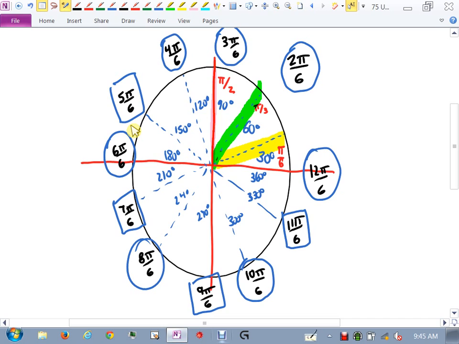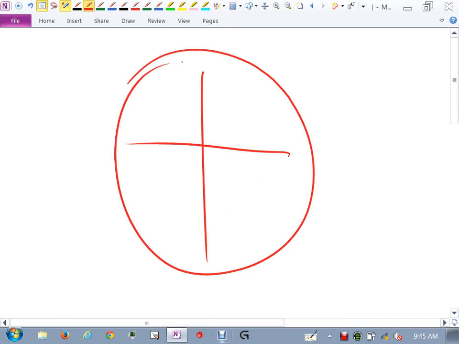Okay, now that just took care of your 30 and 60 degrees, right? What about the 45s? Well, since I've got such a cluster here, I like to just start over. Now, you can't because your circle's there, but you've got a nice big circle. 45 degrees is there, then straight up, then here, then straight over, then here, then straight down, then here, and then straight over, right? So that's 45. So you can count by 45s around.